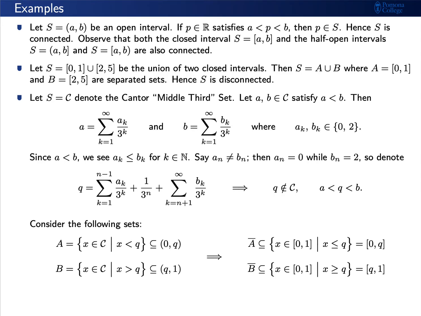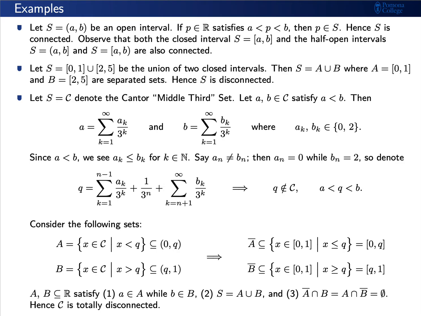Now, using this q, let's write the following sets, capital A and capital B. Capital A will just be those Cantor numbers to the left of q, and capital B will be those Cantor numbers to the right of q. We see now that the closures, A bar and B bar, have to lie in the closed sets from 0 to q and from q to 1, respectively. In particular, these two sets, capital A and capital B, satisfy three properties.